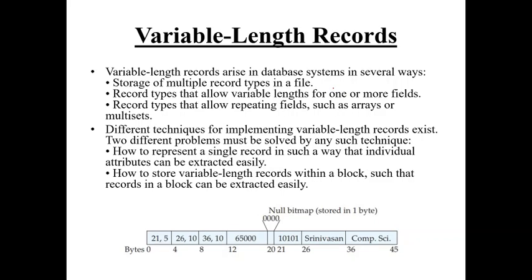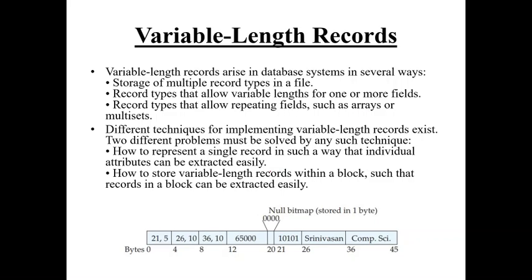So in one particular record we can have 10 bytes for the name, and in the next record 30 bytes for the name. Variable length records also support record types that allow repeating fields, such as arrays or multisets. So we can store array or multiset data in a variable length structure.